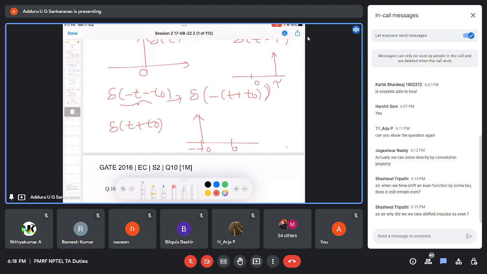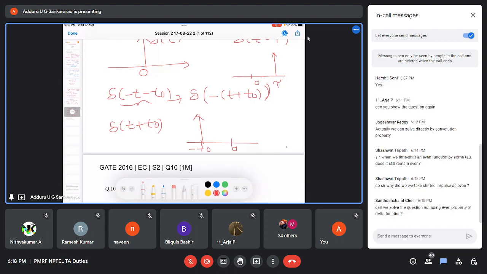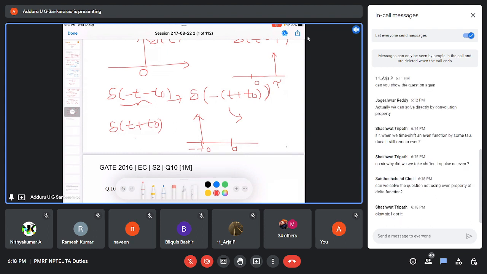First you do, there is some confusion. This one, yeah, both are the same actually.